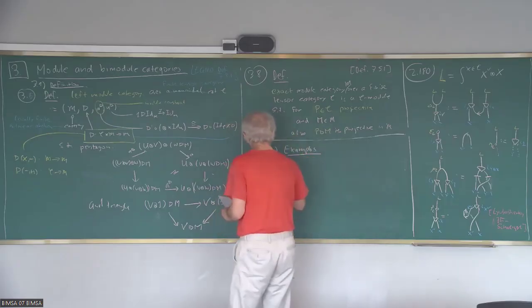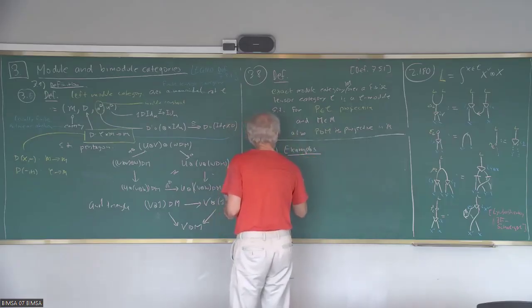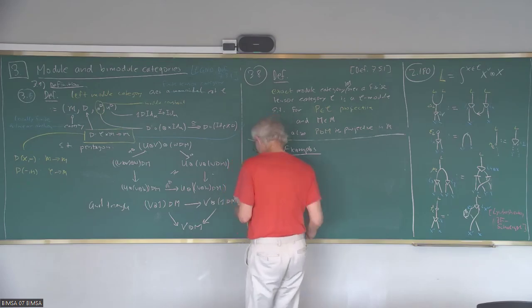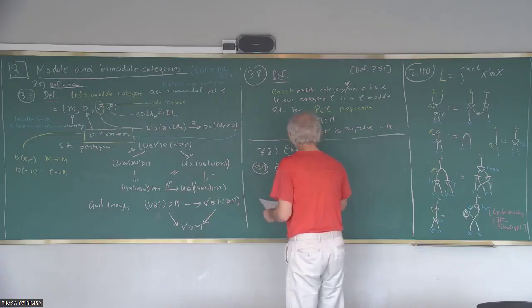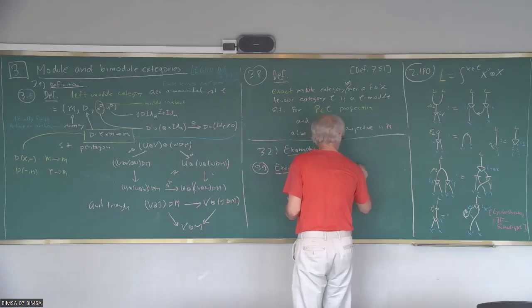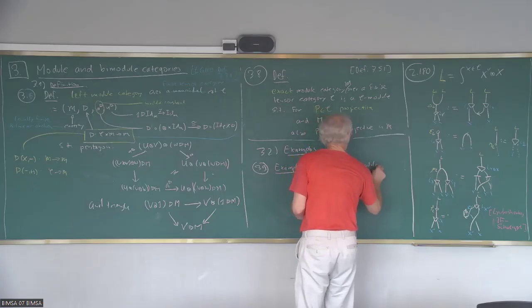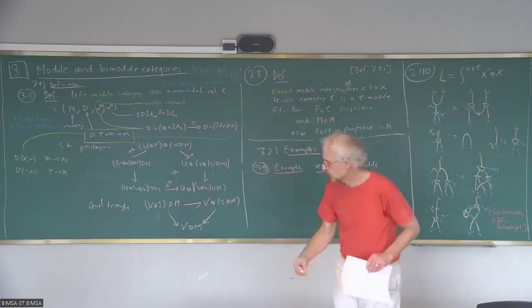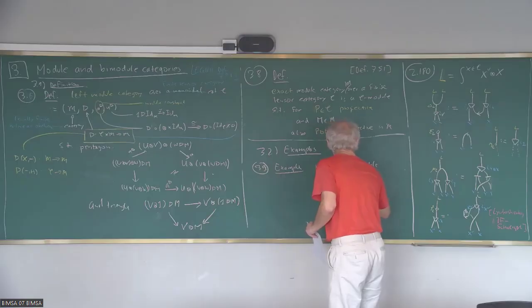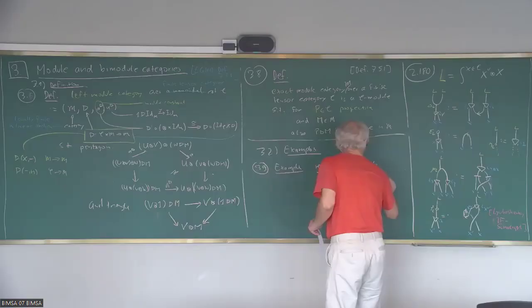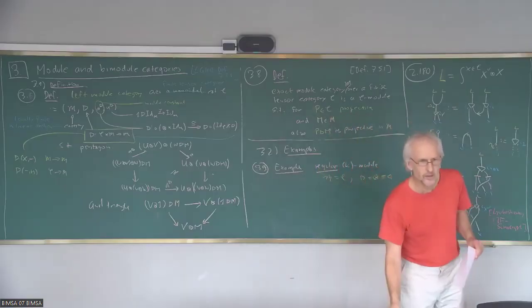But there is one generic example. This is the regular module or bimodule, left, right, or bimodule. In this case, M is just C itself, and the left action, respectively the right action, are just the tensor product.